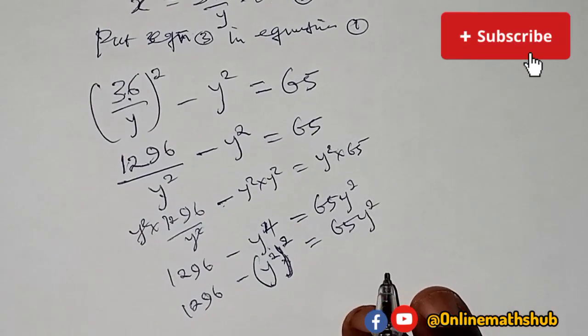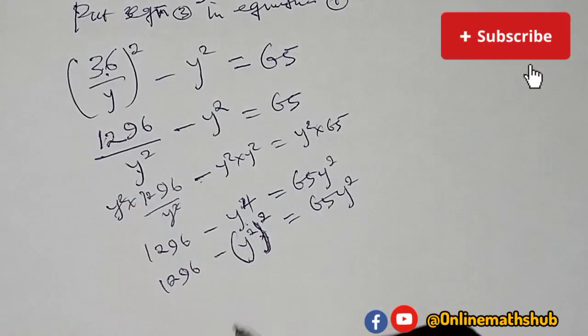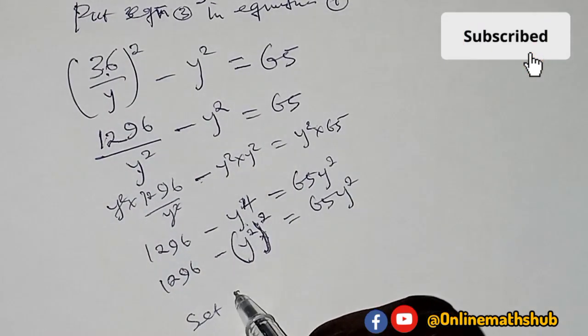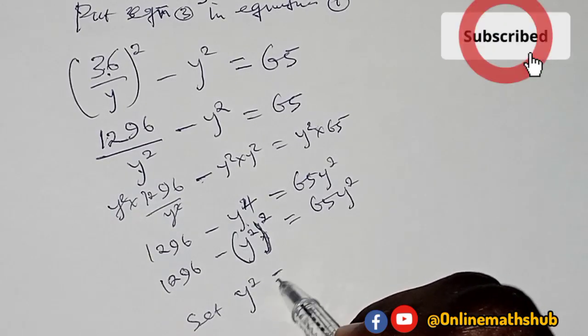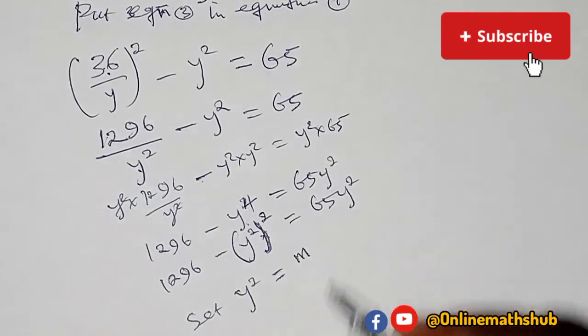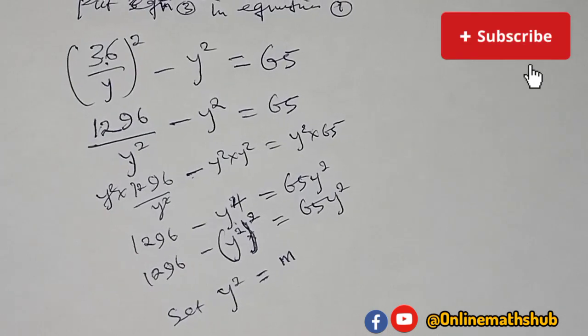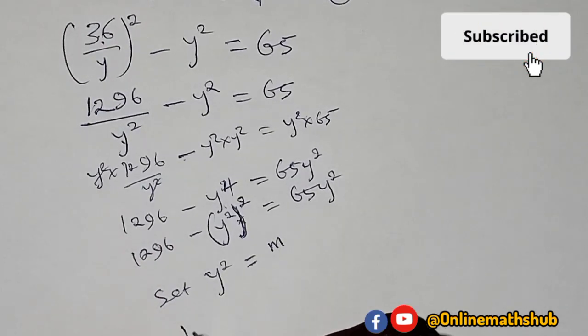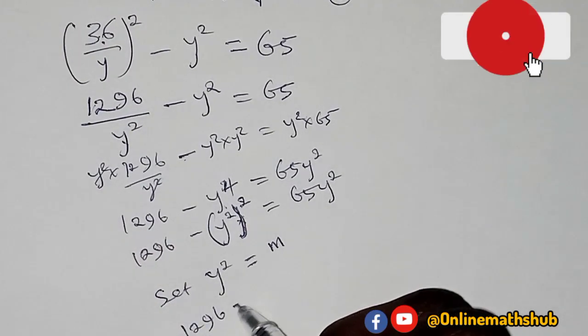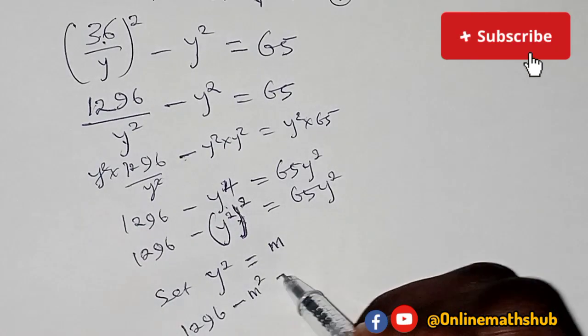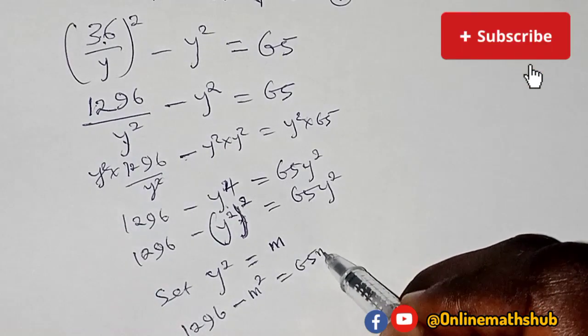To make my work easier, I'm going to set y squared to be equal to, let's say, m. If I do that, I'm going to have 1296 minus m squared is equal to 65m.